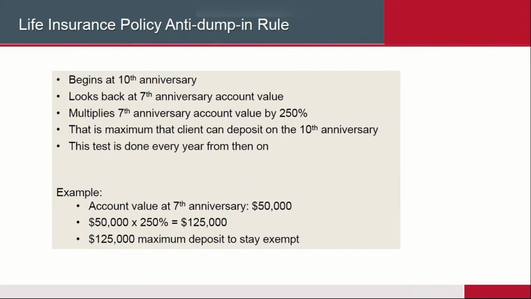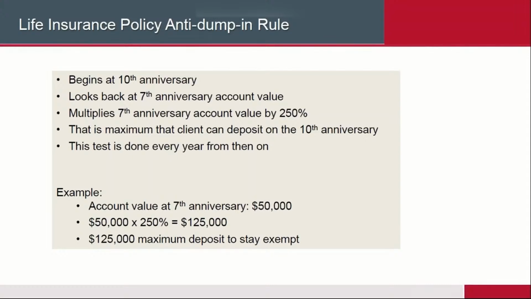So what the company will do if you put in $150,000 is take the $125,000 and put that in the exempt portion, and the other $25,000 will go into the side account, because the insurance company wants to make sure that the plan is always exempt. So they sort of guarantee that for you. That's a very important concept to remember: what they call the anti-dumping rules for Universal Life.